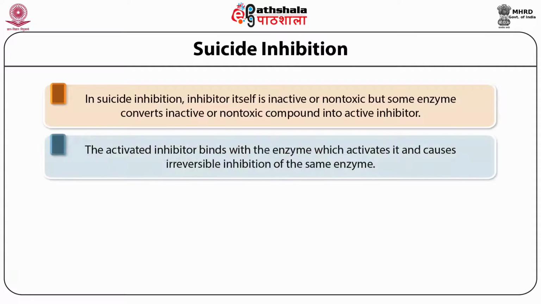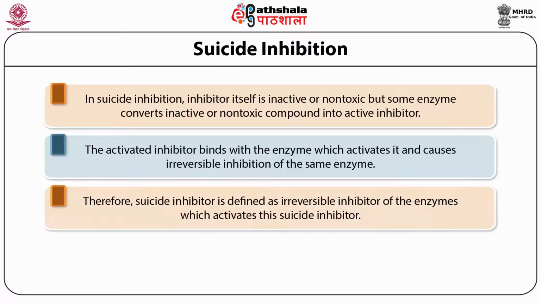So a suicide inhibitor itself is considered a prodrug or pro-inhibitor rather than an inhibitor. But because of the action of the enzyme, the suicide inhibitor is activated, and once activated, it irreversibly inhibits the enzyme.